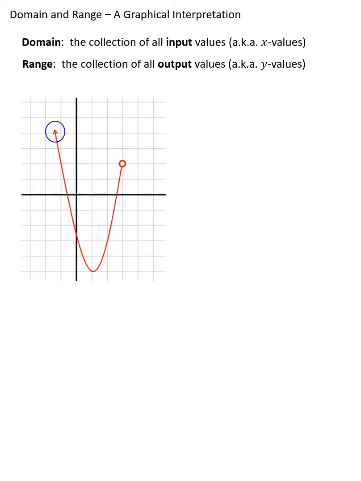Notice this arrow on the other end of the function. This arrow appears to be pointing upward, but it really has two implications. It not only represents that there are points in this graph that are infinitely high up, in the sense that the function goes up forever in that direction, if you will.